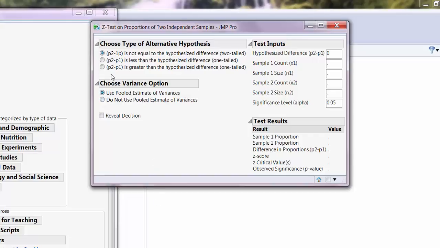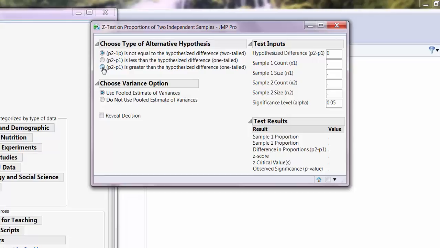Notice here that JMP is formatting the hypotheses in the form of doing group 2 minus group 1. So when we did it by hand, we said, okay, we're interested in whether the nicotine lozenge proportion of quitters was greater than for the placebo lozenge proportion of quitters. And when we calculated our test statistic, we were doing nicotine lozenge minus placebo lozenge.